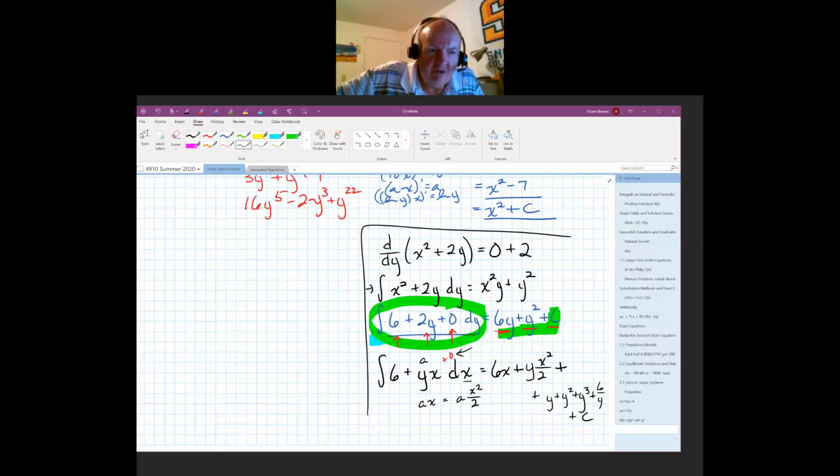Well, when we do integration in Calc 1, we're always integrating x terms with respect to x. We never do this cross integration. And so in that case, it's just a constant, just a real number, right?